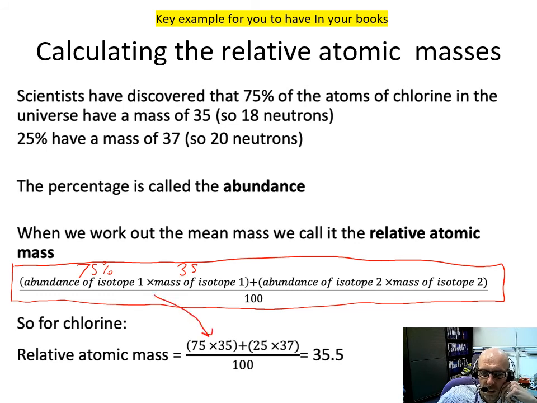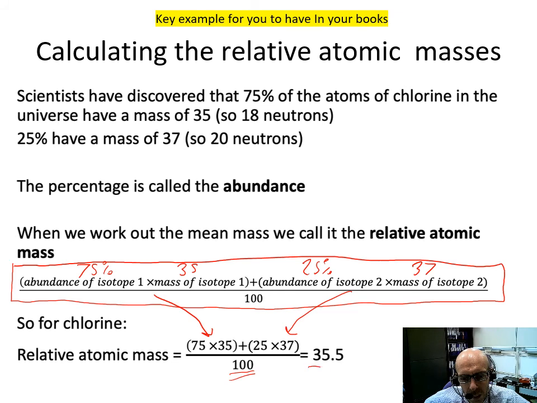And then you add it to 25% of that heavier one of chlorine. 25% of, and what was the mass? Oh yes, 37, because I can see it in my notes from earlier this lesson. That's what you're thinking to yourself. And that goes in there. And because they're percentages, we divide it by 100. So the answer, 35.5, what's on the periodic table.